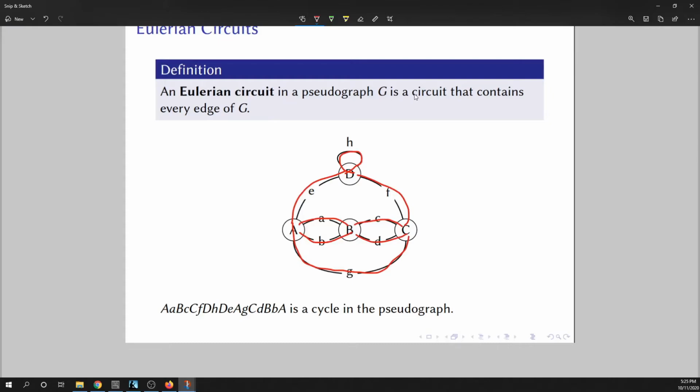And so we have a circuit here, and that circuit contains every edge of G. We used up every edge when we did this. So this is an Eulerian circuit, as opposed to the previous example. When we did a circuit, I don't think we used every edge, but I already closed that out, which I probably shouldn't have, but that's okay. All right, so this is an Eulerian circuit.